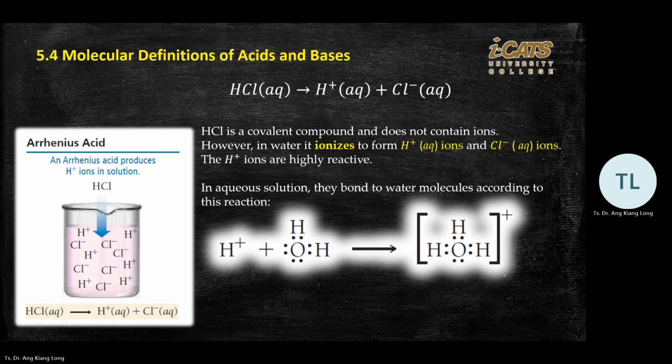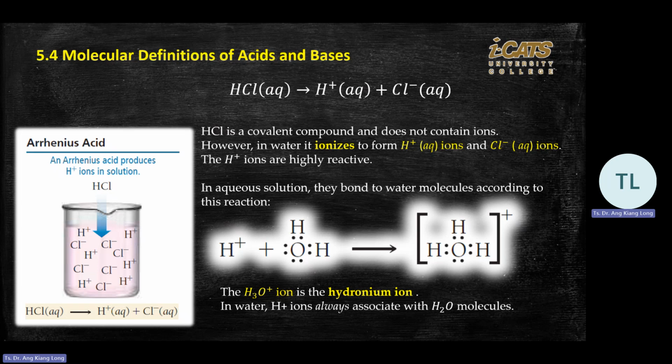H plus, when they combine, it will become H3O plus ion, hydronium ion. So you combine what you learned in chapters 1, 2, 3, 4 in this chapter. H plus and H2O become this ion. This is question number 1 in test 1B.